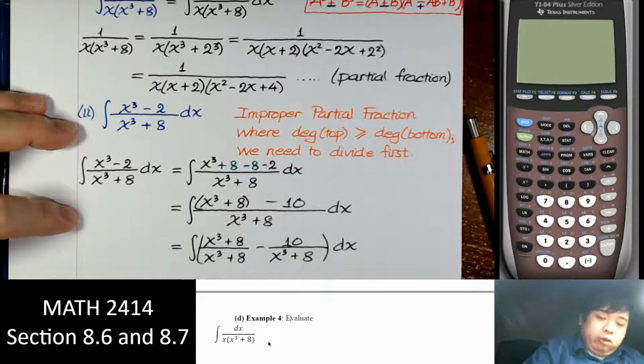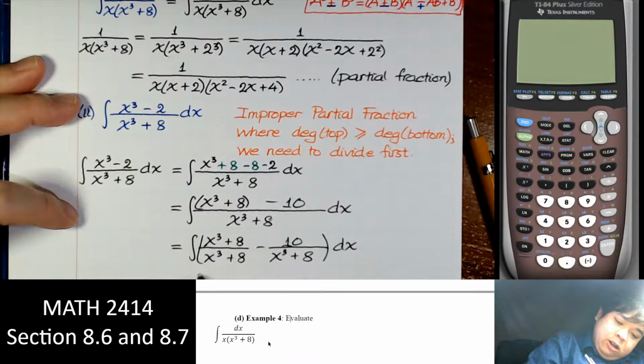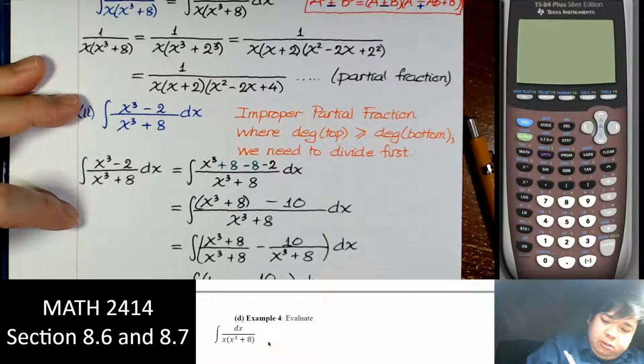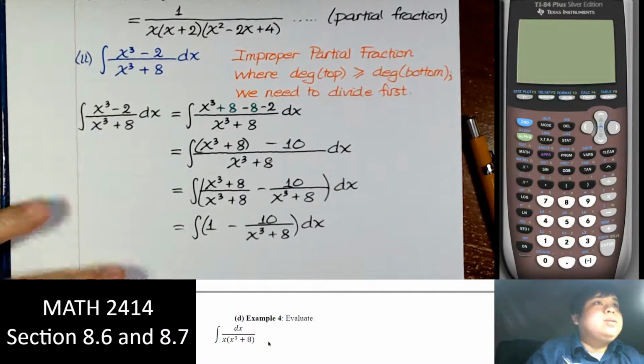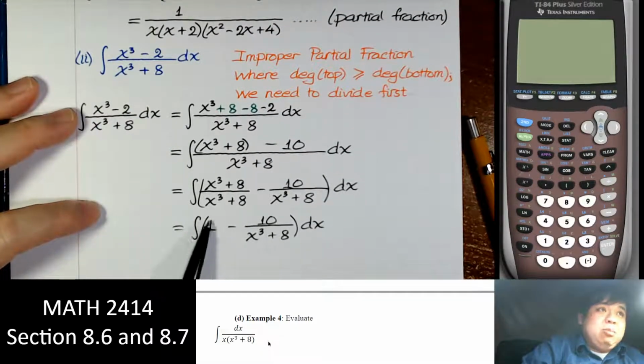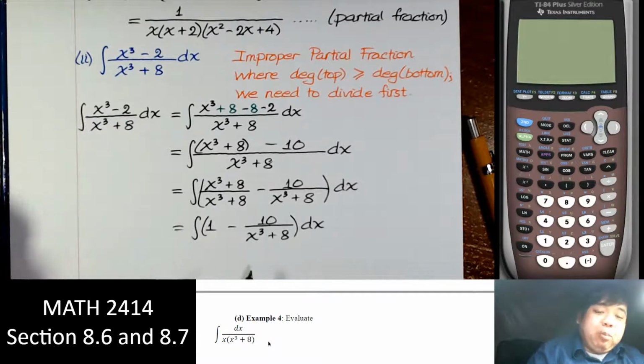x cubed plus 8 over x cubed plus 8, so we just have 1. Because of the 1 here, that makes it improper.